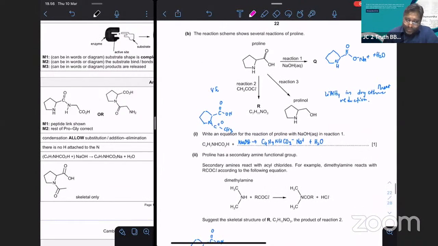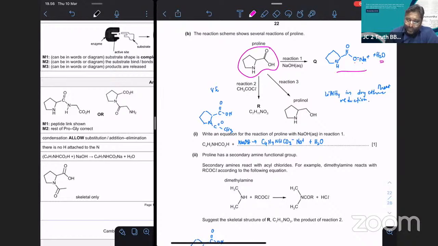Now the next question: the reaction scheme shows several reactions of proline. So you have this amino acid reacting with sodium hydroxide. It must be the carboxylic acid reacting with the sodium hydroxide. So I have written this one, O minus Na, the salt, and water.